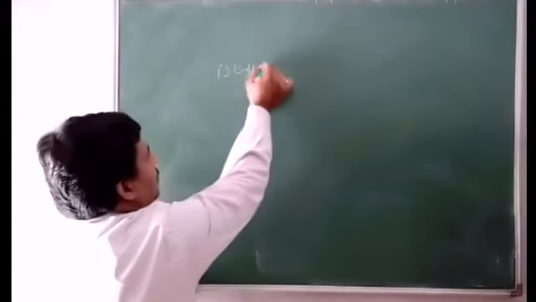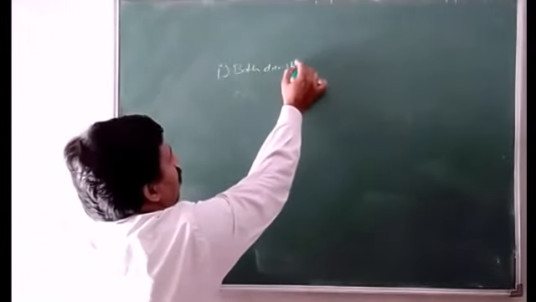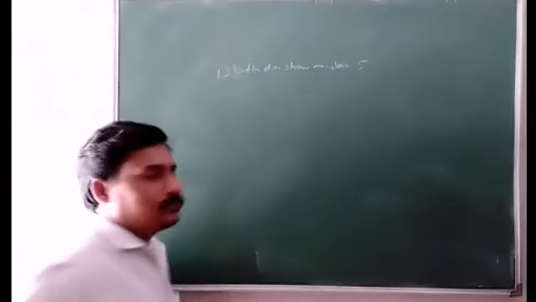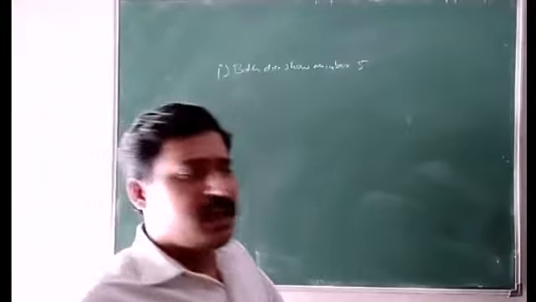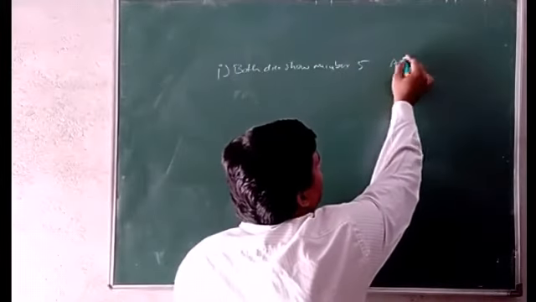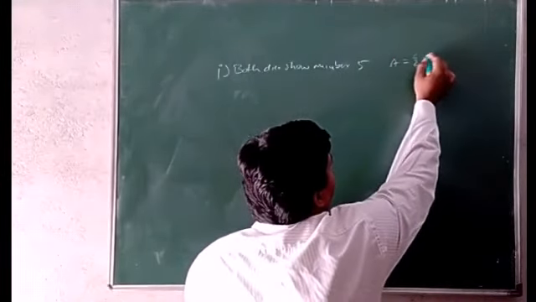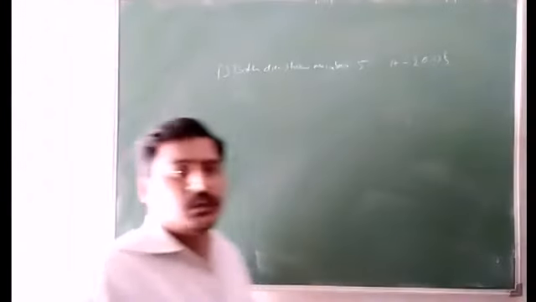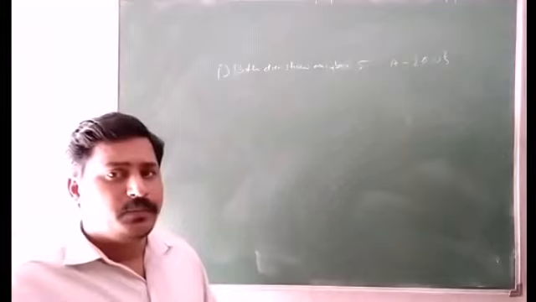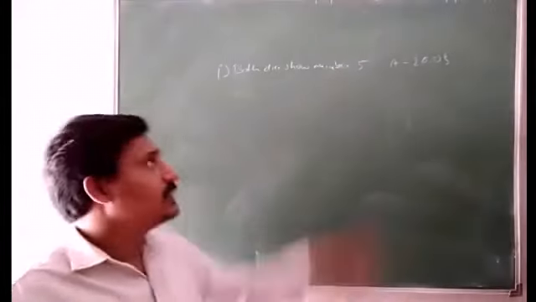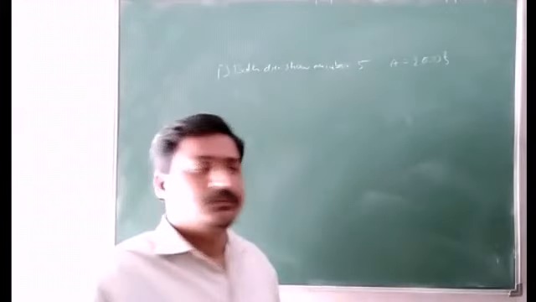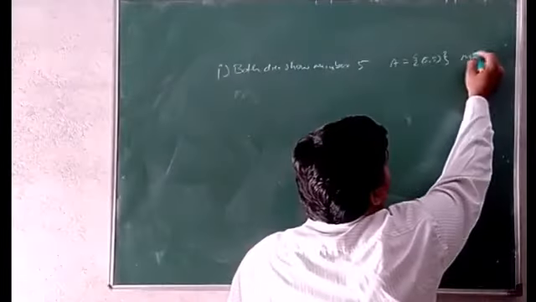Both the dice show number 5 means event A is equal to 5, 5. That means the favorable cases for this event is only 1. So M is equal to 1 here.